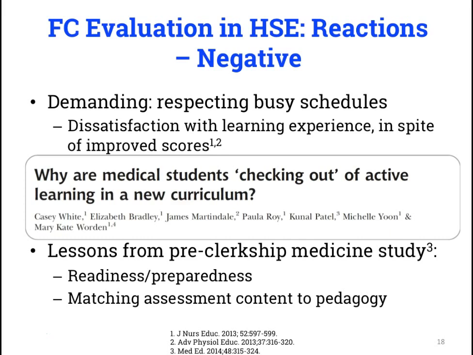This is a study by White in 2014, and essentially it was more of a qualitative study where they did focus group interviews because of dwindling attendance and disruptive student classroom behaviors that were reported after this change or this introduction of the flipped classroom curriculum.